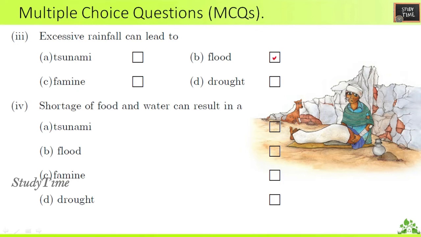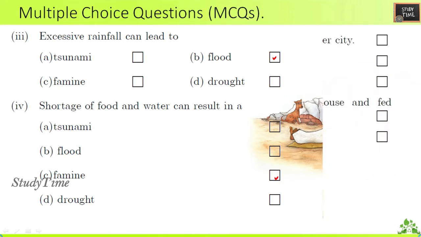The answer is flood. Fourth question, shortage of food and water can result in a famine. So drought means when there is no rainfall. Famine means when there is a shortage of food and water. Flood is excessive rainfall. You have to know the difference between flood, famine, drought.